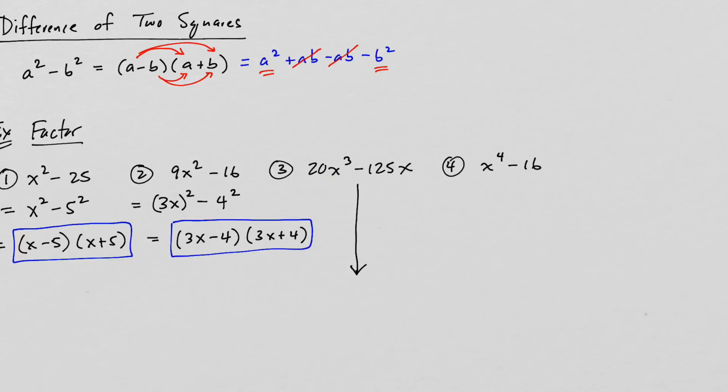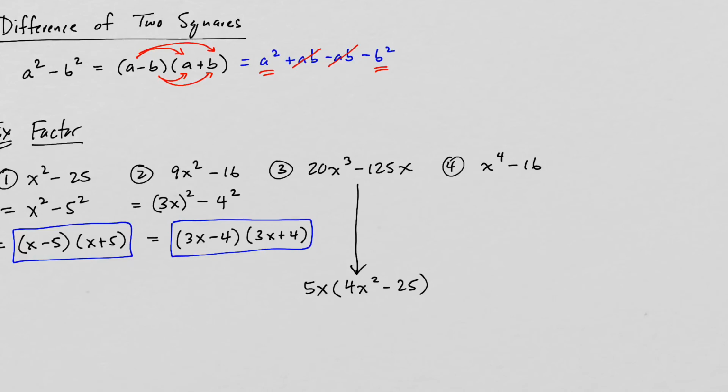But one thing that we can't overlook is the fact that there is a greatest common factor of 5x here. You can factor a 5 out of 20, and you can factor a 5 out of 125. And you can also take out an x. And so if we factor out the 5x there, we end up with 4x squared minus 25.